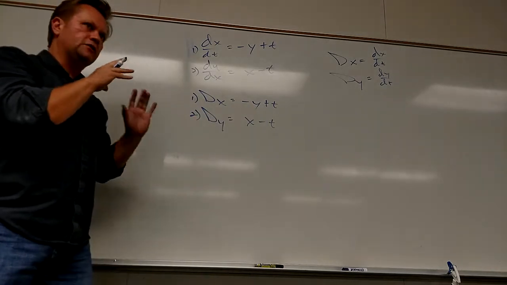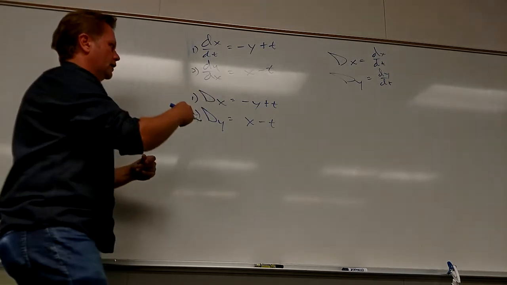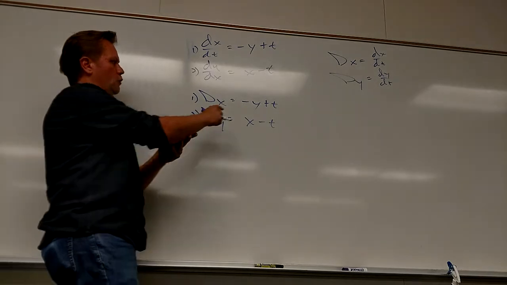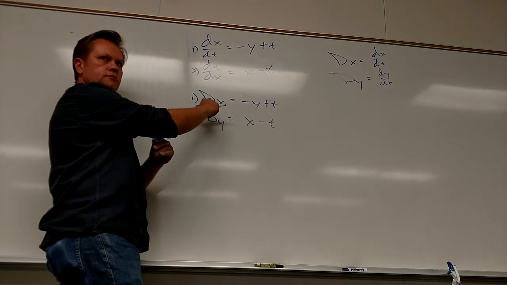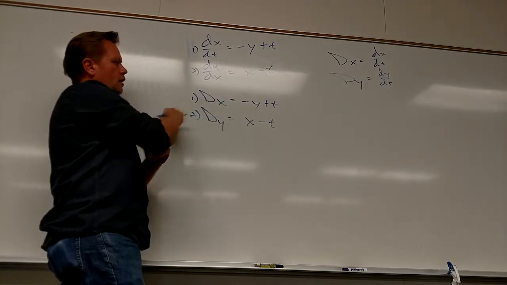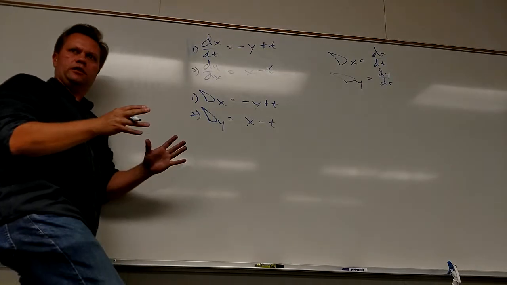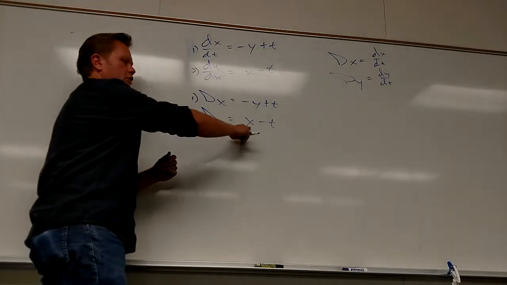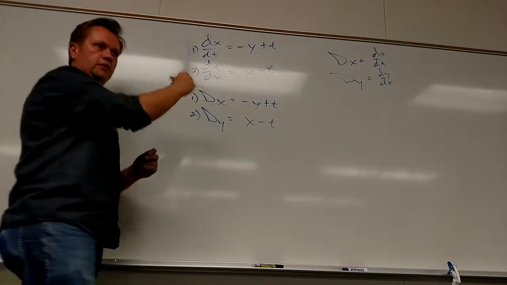Okay, let me show you the way this is going to work. If I wanted to kill this dx, for example, I could do two different things. I could do elimination or substitution. Let's try to stick with elimination. In fact, it's in the title of this section. How can I make a dx show up here?